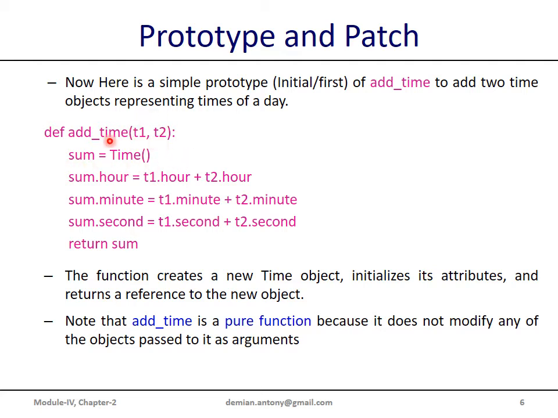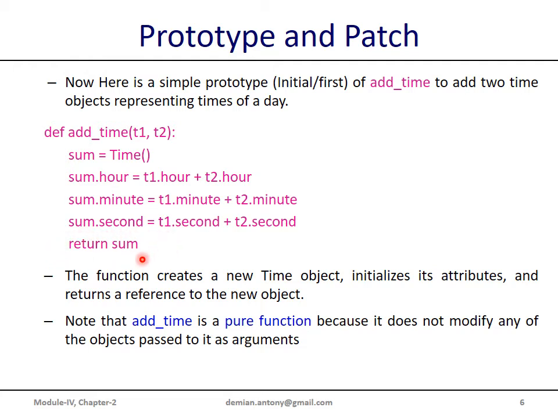We create a new time object and then we assign the hour of the first plus the hour of the second to the hour of the new time object. Similarly, we do it for the minutes and we add the seconds, and finally we return sum.